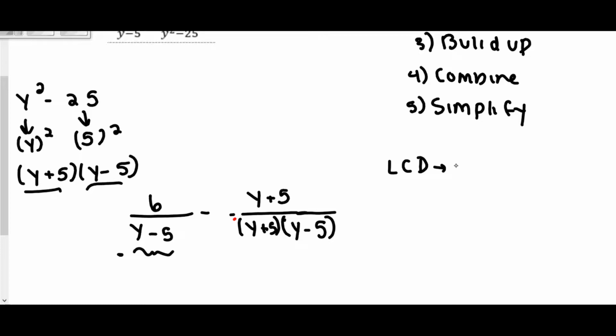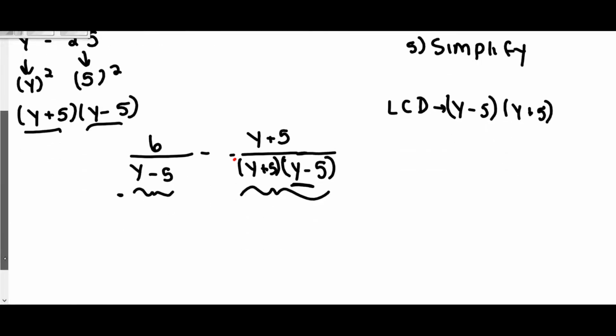Well, our first factor is y minus 5. Keep going until you hit the next fraction, and our factors on the bottom are y plus 5, y minus 5. I already have a factor of y minus 5 in my LCD, so I'm not going to include this y minus 5. However, I'm going to include the y plus 5. So our least common denominator is y minus 5, y plus 5.